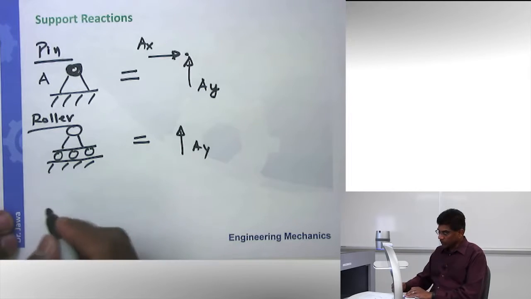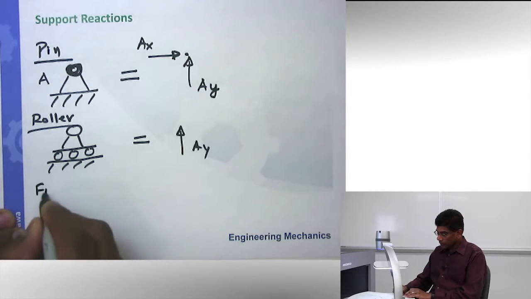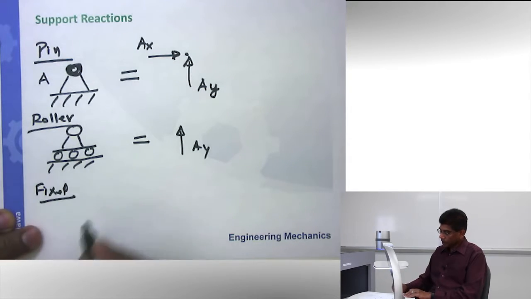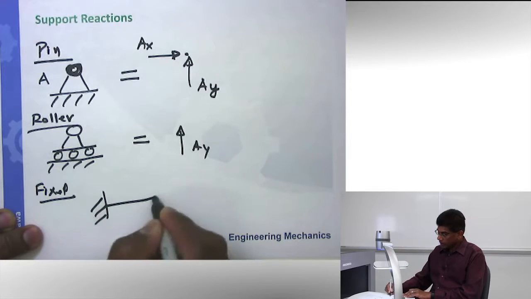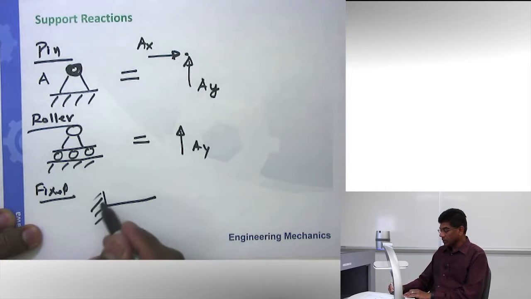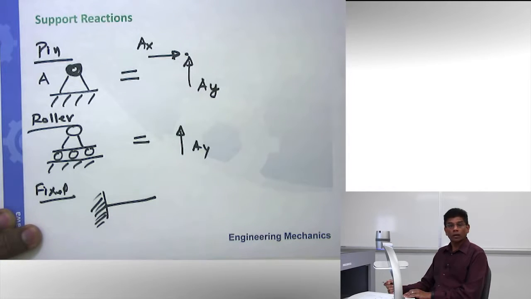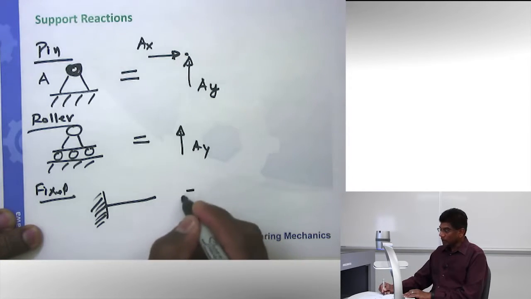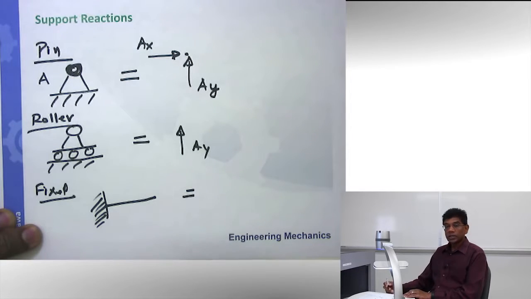And how do I represent the fixed support? Well, a fixed support is represented by a diagram like this, where a beam is stuck into the concrete wall, for example. And this obviously eliminates all motions. Therefore, it will give you three support reactions.